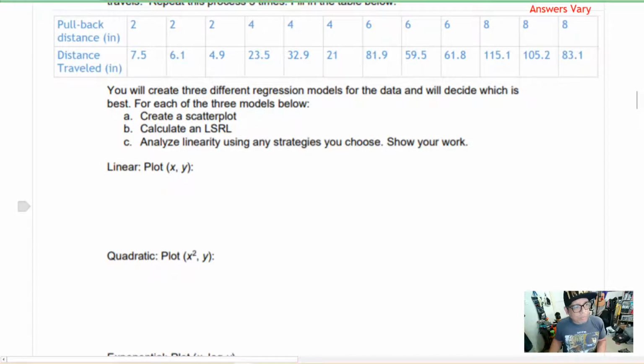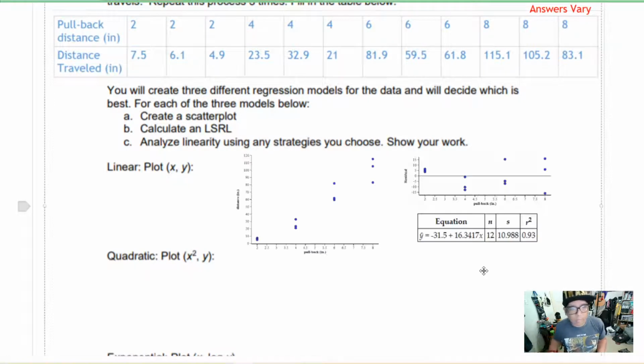So let's start off with the linear plot. If I just straight up plot this data, what would I get? Here's the data that I've gotten. Now we can see that it looks kind of linear, and certainly our R squared here kind of helps us decide on that too.